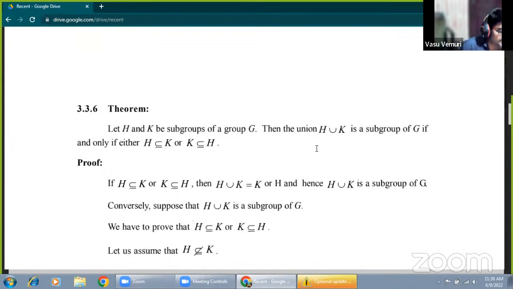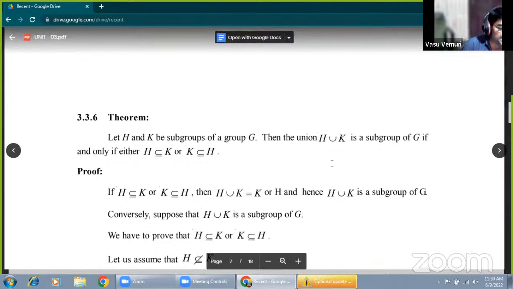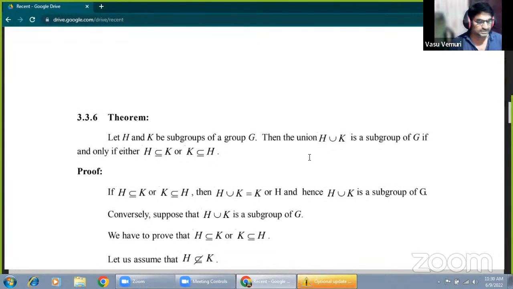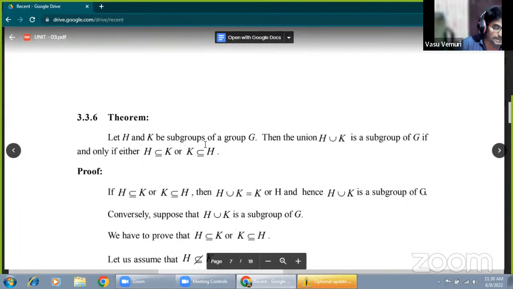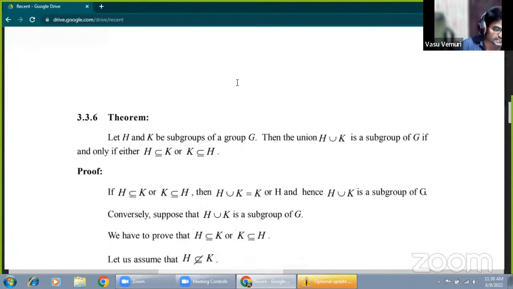Now, particularly this theorem is referred to as the union of any two subgroups. It is very important. Each and every point, you have to understand here. These theorems are very important in the final examination, because combining these two theorems, they are repeated so many times in the final examination: prove that the intersection of any two subgroups is a subgroup, and the union of any two subgroups is a subgroup if and only if one is contained in the other.